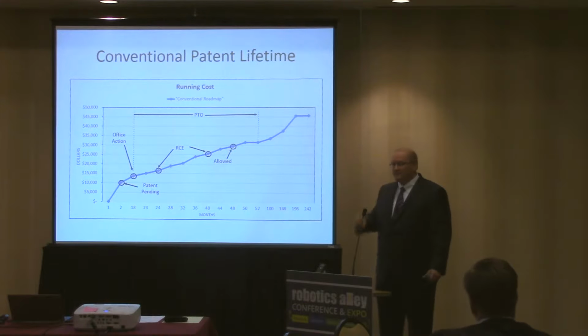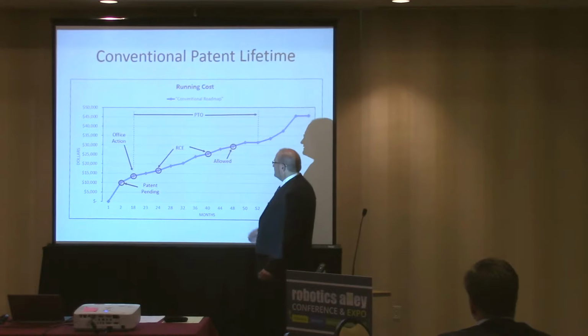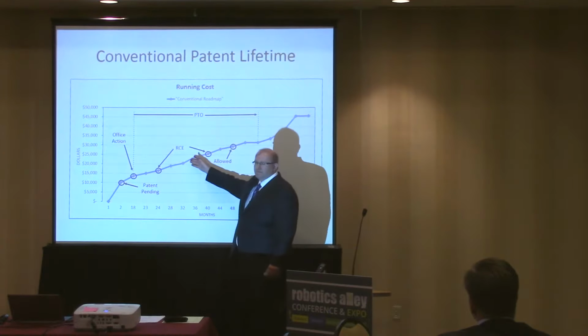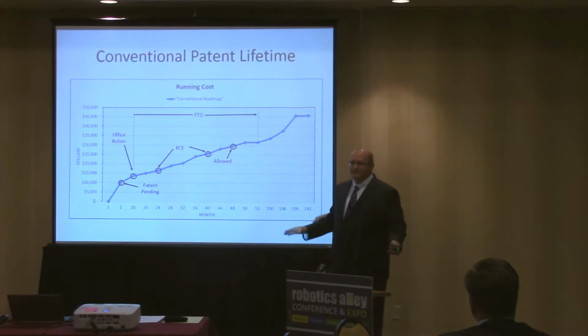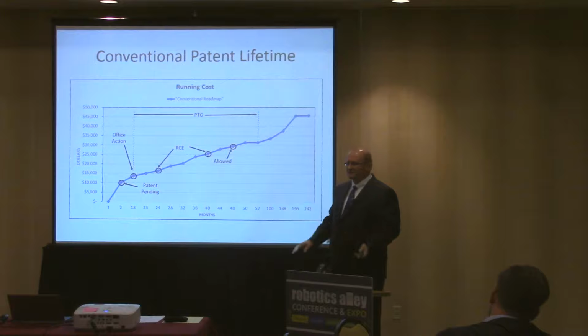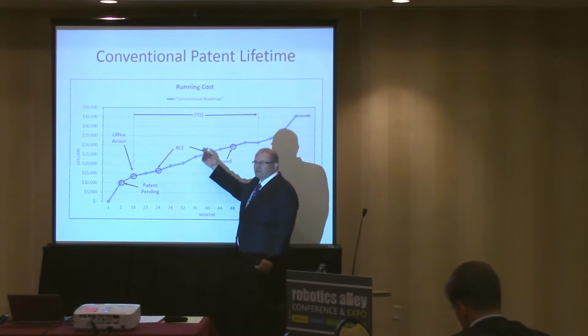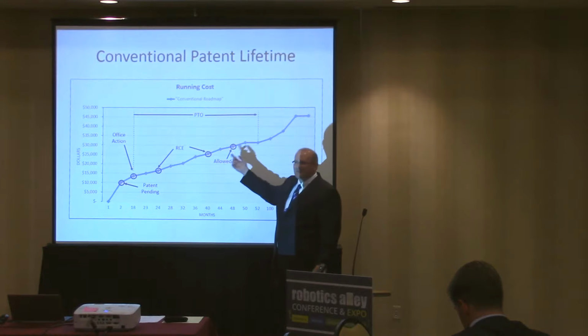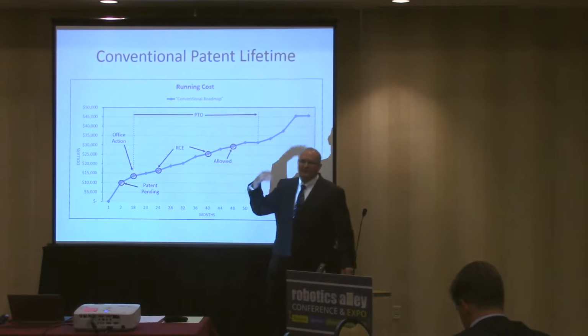I don't have a lot of experience with appeals because I've managed to avoid them in my career, but I'm told by Fortune 100 executives that you've got to avoid those things because they stink. They're very expensive. They take a lot of time and they chew up resources. So what's happening is you're getting more and more frustrated. Who's feeling more and more frustrated just thinking about this, right? And you might go to a second RCE, now in your third round non-final office action.